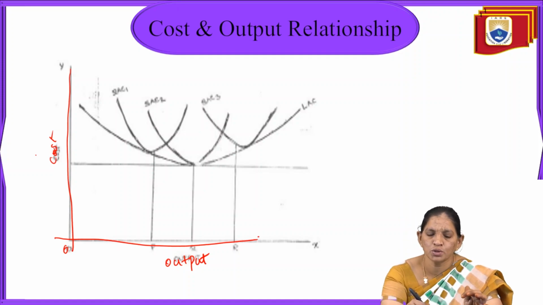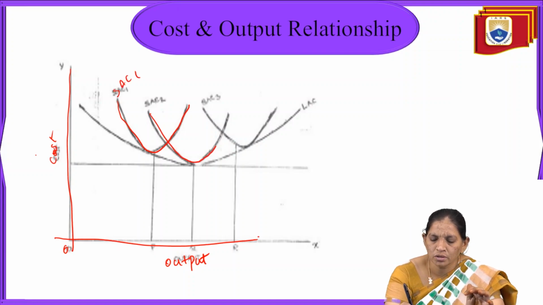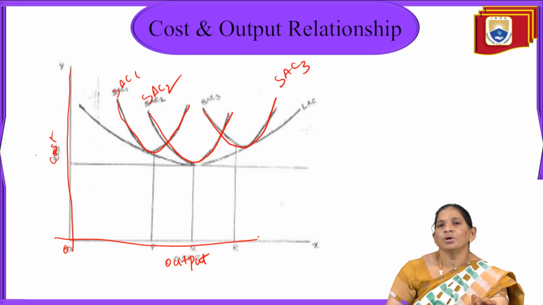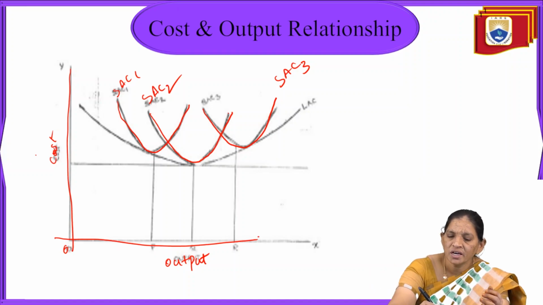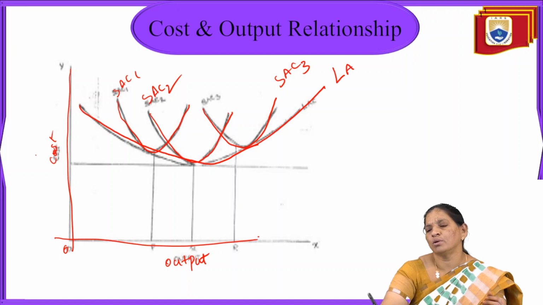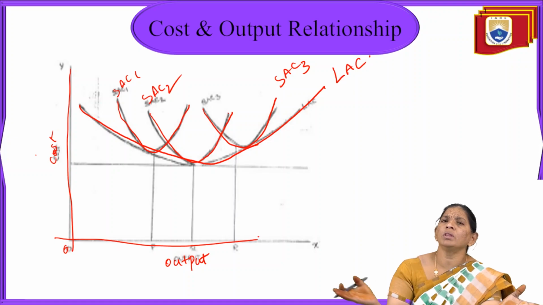This is the first, SAC1, short run cost curve 1. This is short run cost curve 2, SAC2, and this is short run cost curve 3, SAC3. When we join all these short run curves, we are able to identify one biggest curve, which we call the long run cost curve. There is no need to keep all those other tables.